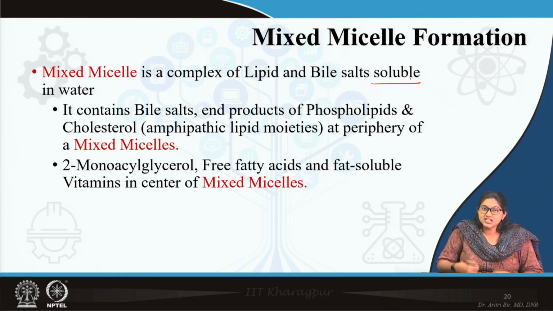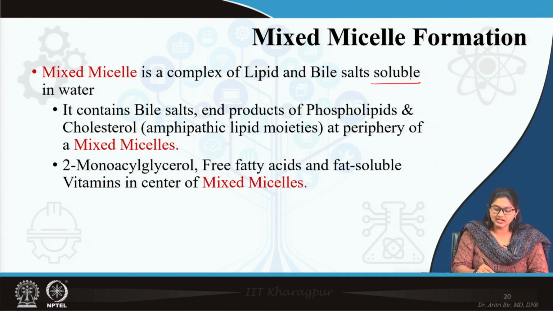Now, in the mixed micelle, definitely if you want to be soluble in water, the periphery must be hydrophilic. So, in the periphery of this mixed micelle, there are products like bile salts, end products of phospholipids and cholesterol.